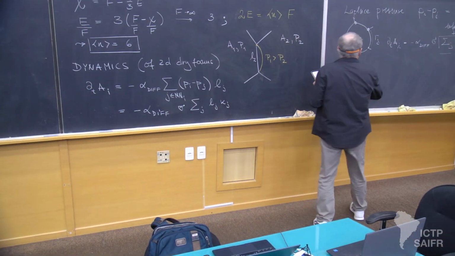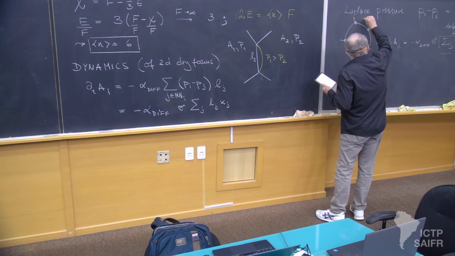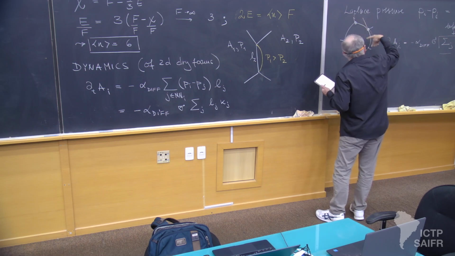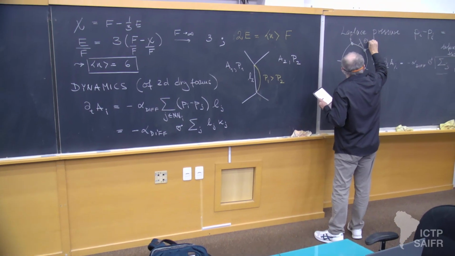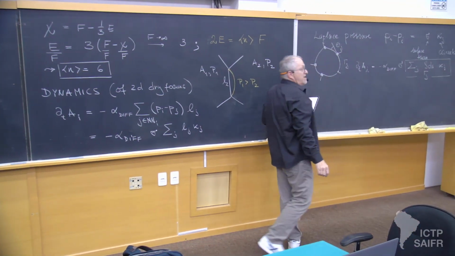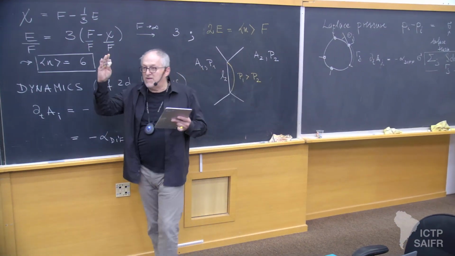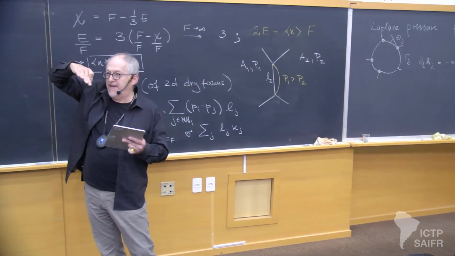I have to add something here. If you go along the periphery of this bubble, you can define angles theta j. These are the kinks that you have as you go from one film to the next.